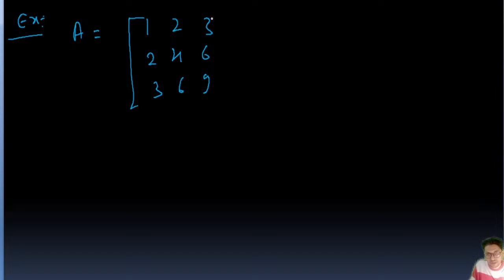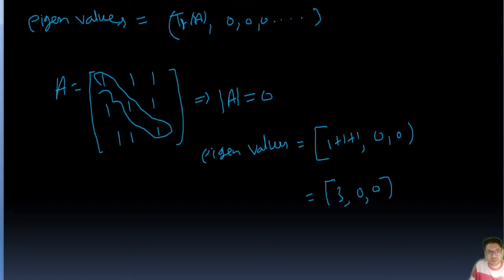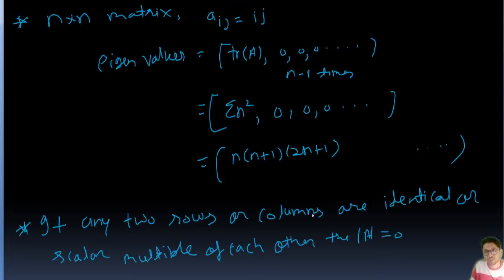Okay, or we can write this matrix like this: 1 2 3, 2 into 1, 2 into 2, 2 into 3, and 3 into 1, 3 into 2, 3 into 3. So this point, if any two rows or columns are identical, or the second point, a scalar multiple of each other.